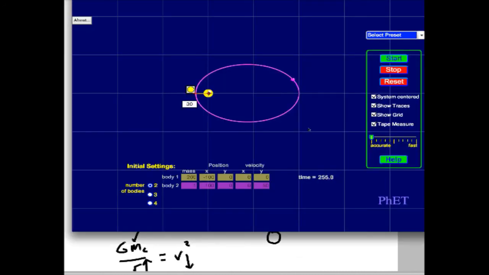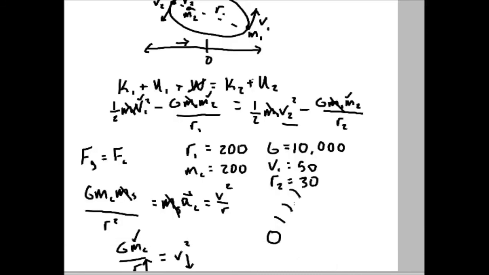Just so you can check that you're doing it right, you are going to get a velocity that is pretty close to 350. It'll probably be 355 or maybe 353 or so. So that's what you should get for v2. And again, you can work on that and solve that.